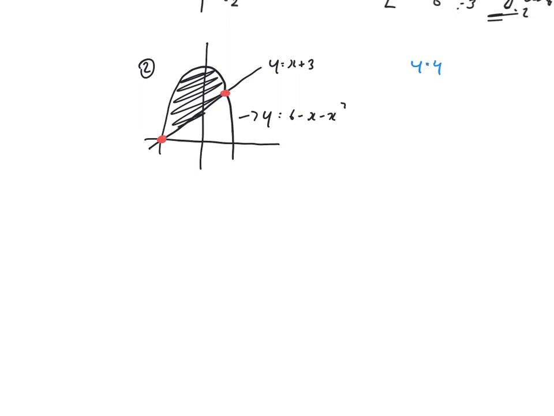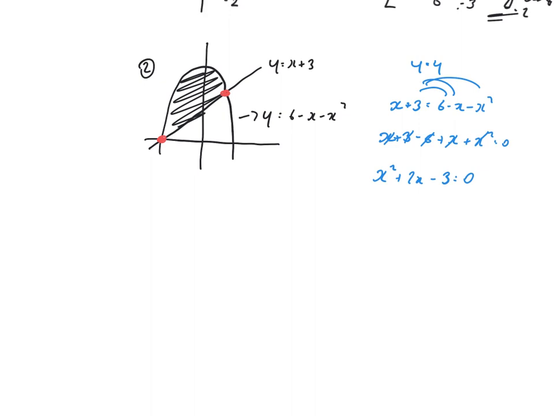Make y equal to y. So y the straight line is equal to y the parabola. I'm then going to bring this stuff across, and that will be x plus 3 minus 6 plus x squared is equal to 0. So that will be x squared plus 2x minus 3 equals 0.